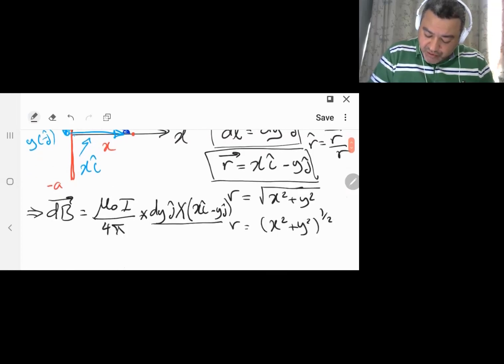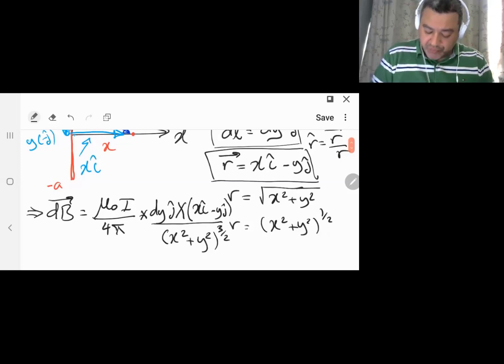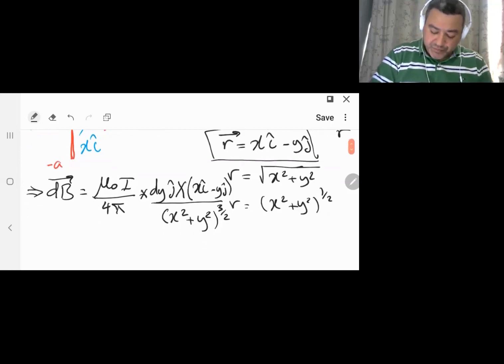So magnitude cubed, I have the magnitude as half, then this becomes x squared plus y squared to the 3 over 2. Okay.